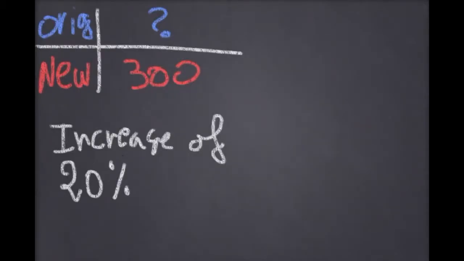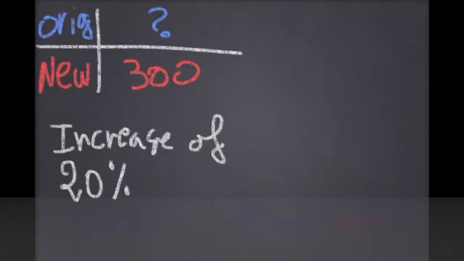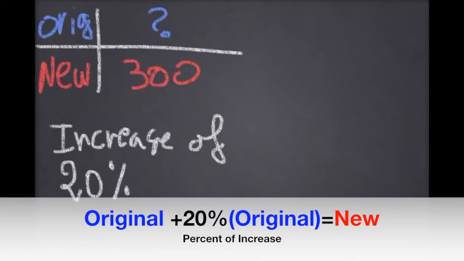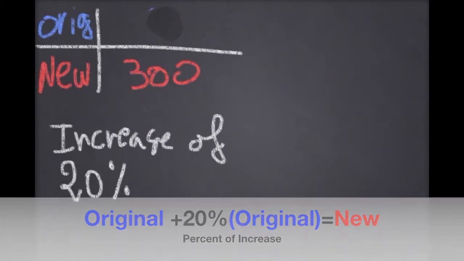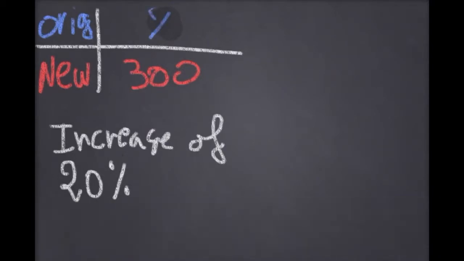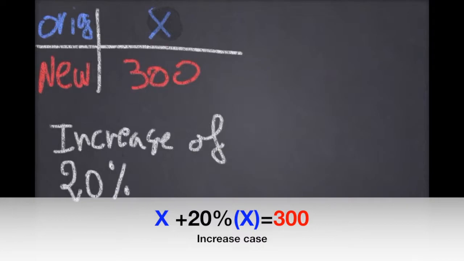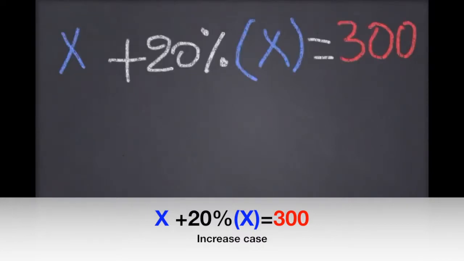If you are given the new value and the increase of 20%, to find the original, set the equation. Original plus 20% of the original should be equal to the new. Let's call the original x. So in this case, x plus 20% of x equals 300, the new.